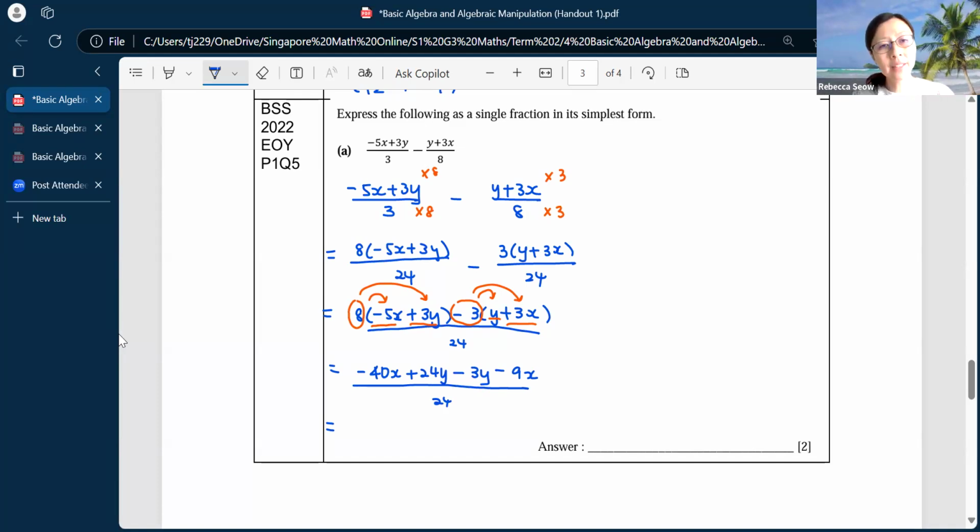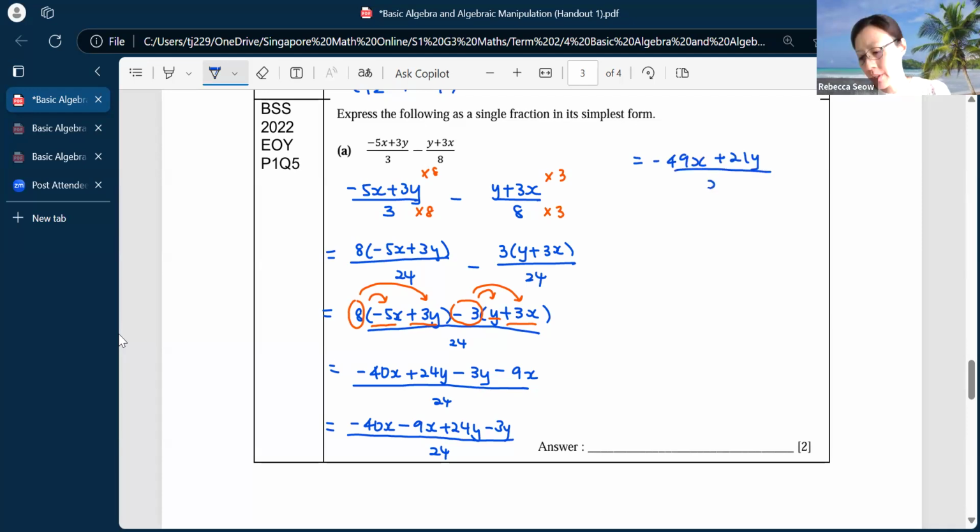Now, we rearrange the terms. So we end up with negative 49x plus 21y out of 24. So this will be our answer.